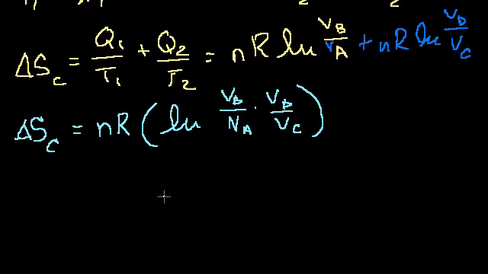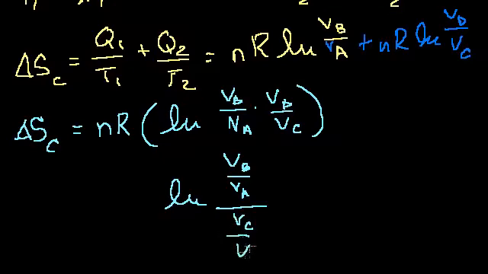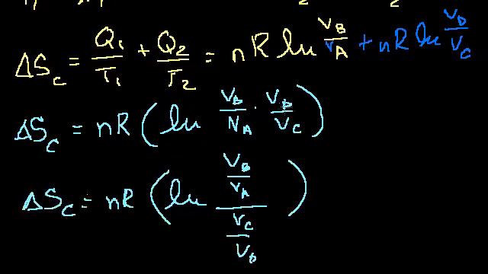So I can rewrite this as the natural log of vb over va divided by, right? Instead of multiplying it times this, I can divide it by this reciprocal, vc over vd. So I just rewrote it. I just did a little bit of fraction math. That's all I did.